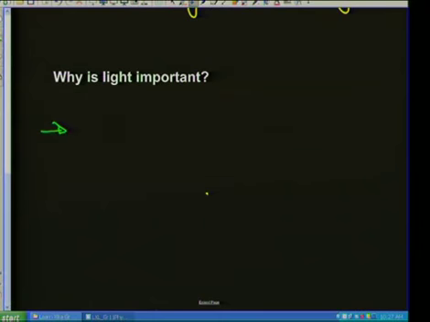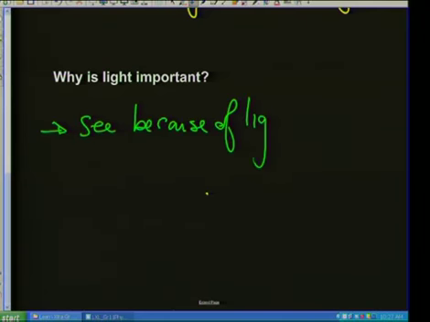We can see because of light. And so navigation and being familiar with the world around us is possible because we're able to receive this light and sense it and make sense of our world. So for us as human beings, that's really important.